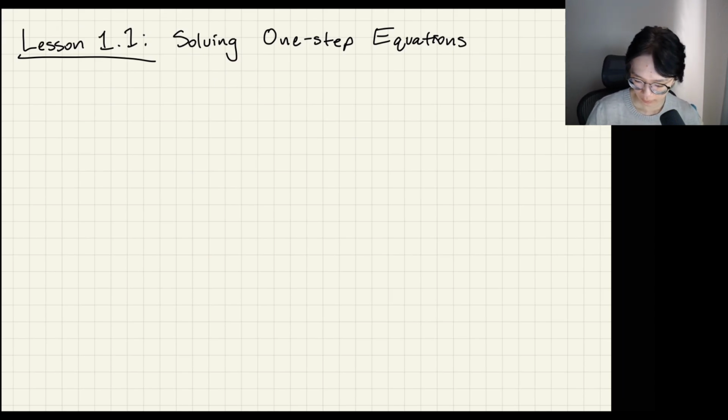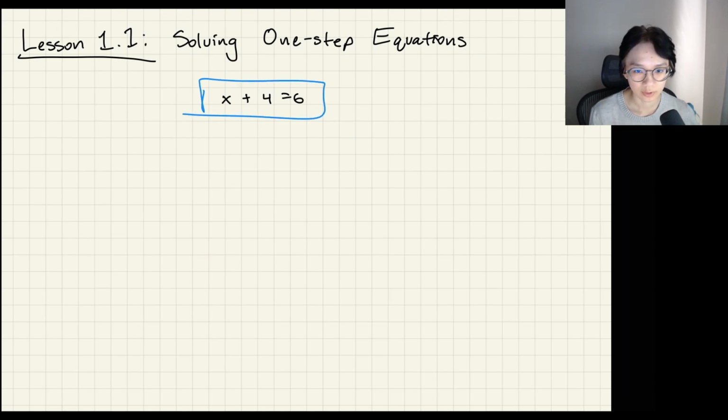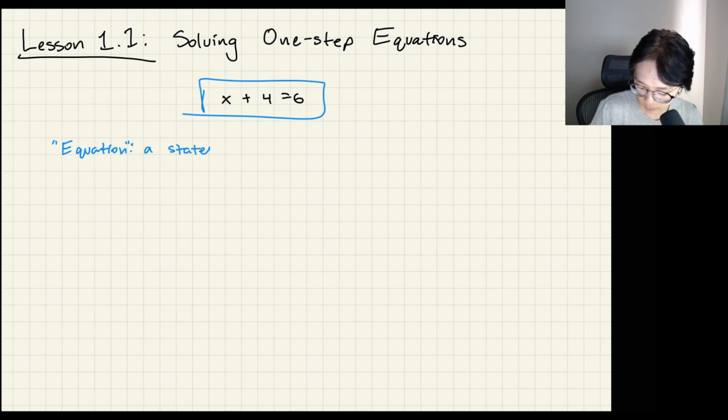So let's say, for example, we have x plus 4 equals 6. What is this? What does that mean? Multiple parts to this. We have the entire thing, which is called an equation. If you want a full formal definition, an equation is a statement where two expressions are equal.